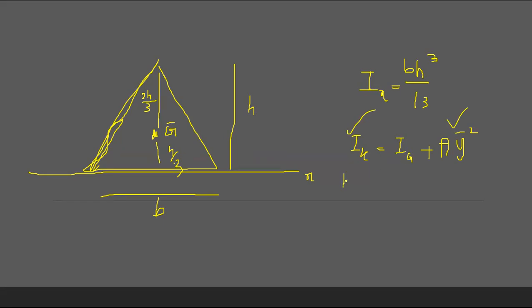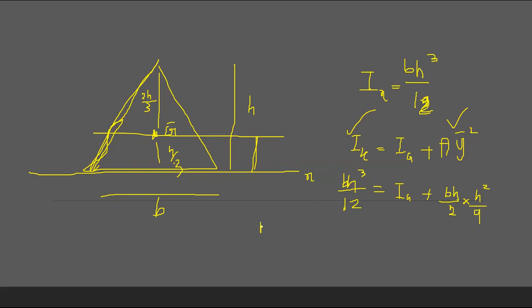This is bh cube over 12. The area is half times bh, and y bar is the difference between these two axes. This is the centroid axis, this is the axis we are taking. As it is h by 3, that is going to be h squared over 9.